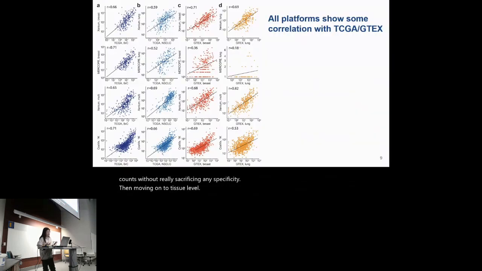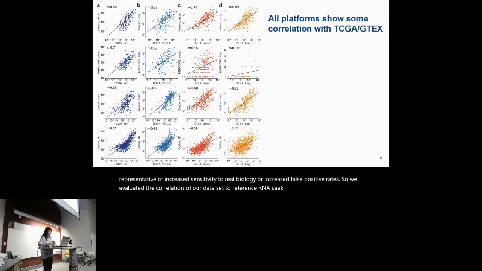Since it's difficult to evaluate whether a high number of expressed genes is actually representative of increased sensitivity to real biology or increased false positive rates, we evaluated the correlation of our data set to reference RNA-seq databases.